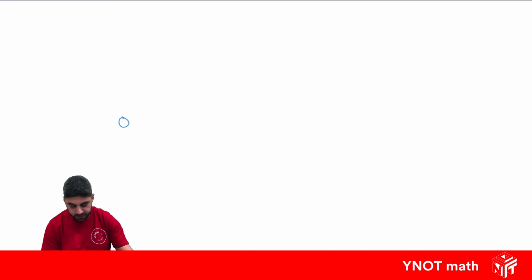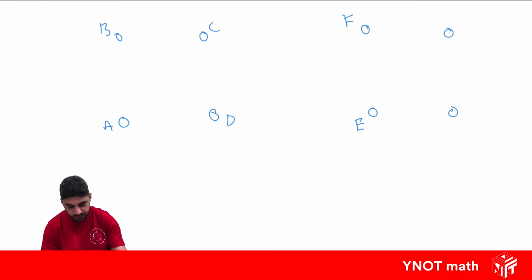Just want to talk a little bit about connected networks and disconnected networks. So A, B, C, D. I'm going to draw another network over here: E, F, G, and H. Now, this one on the left is going to be a connected network because every vertex is connected together.